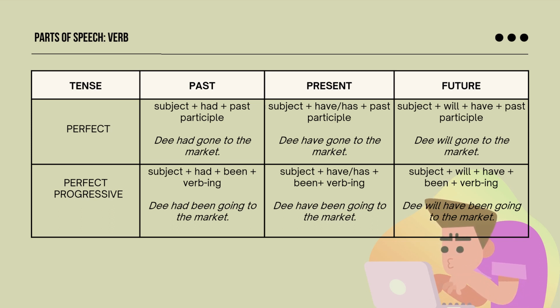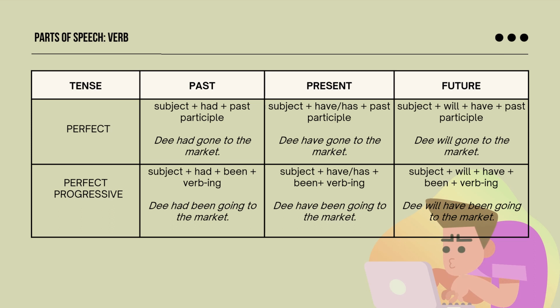The last aspect is the perfect progressive tense. The rule for the past tense is subject plus had plus been plus verb-ing. Present tense rule, subject plus have or has plus been plus verb-ing.